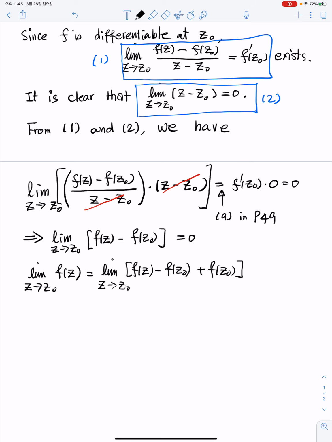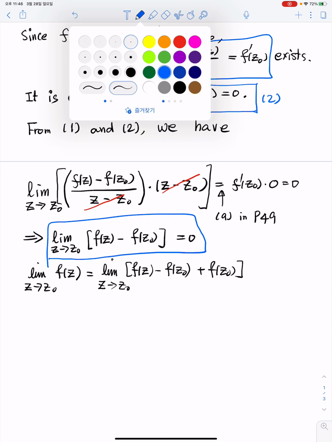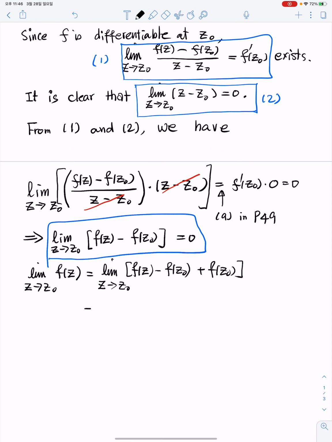Okay, so from here you cannot go directly from this one to our claim. You need one more step. That's what I'm doing here. So then you see the limit exists. The limit is constant.